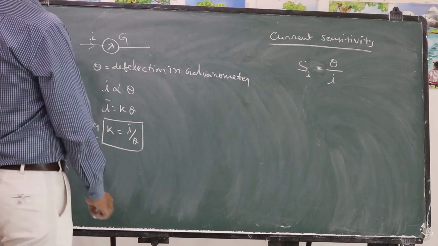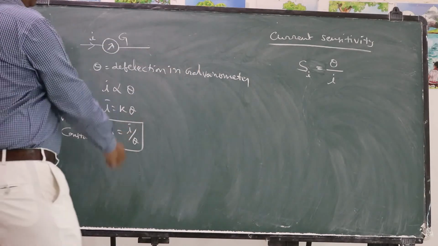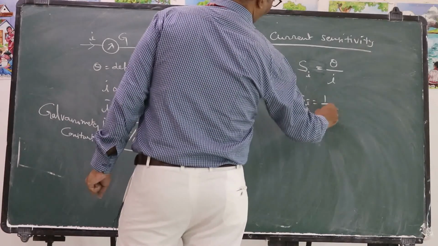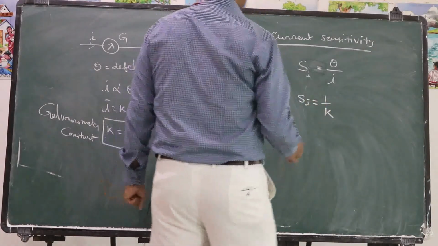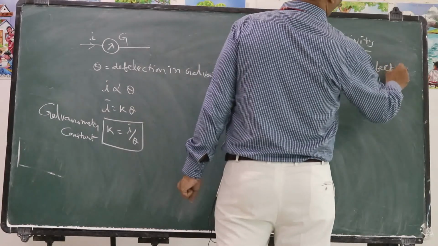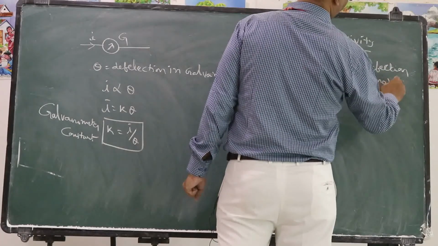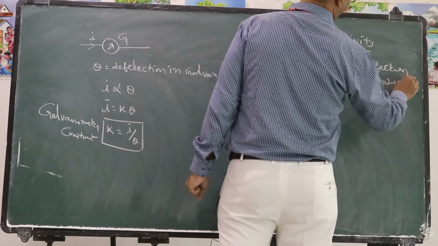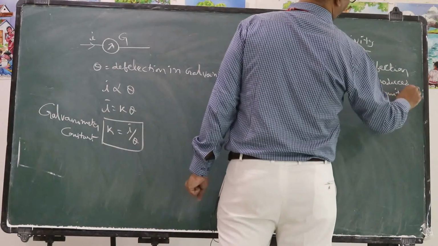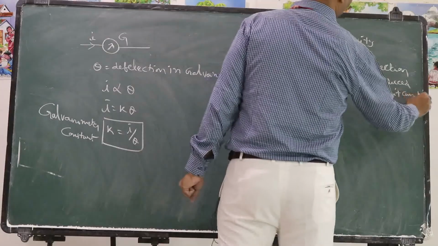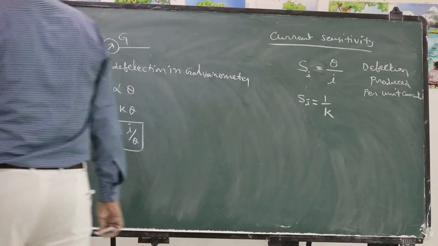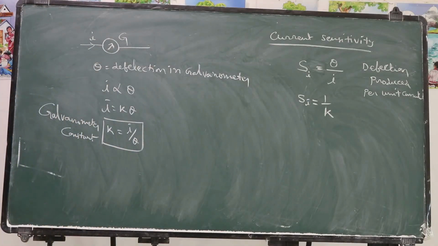So current sensitivity is exactly opposite to this. So you can write current sensitivity is reciprocal of galvanometer constant. Deflection produced per unit current is called current sensitivity.